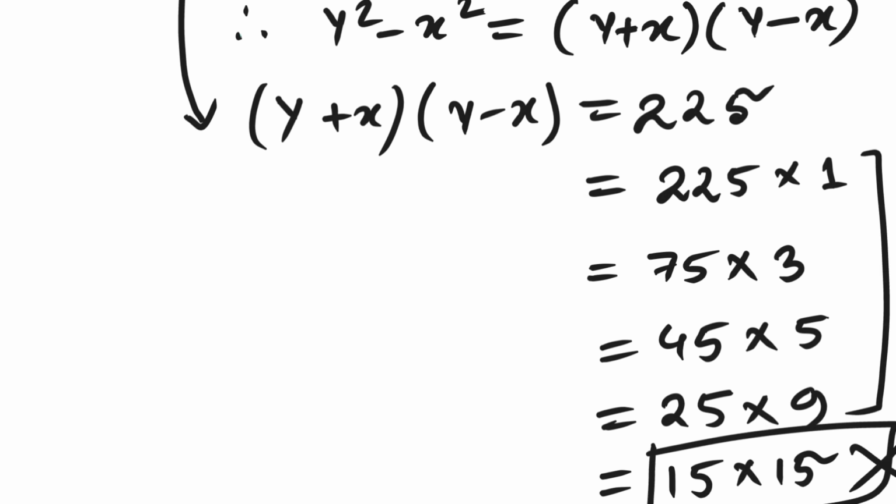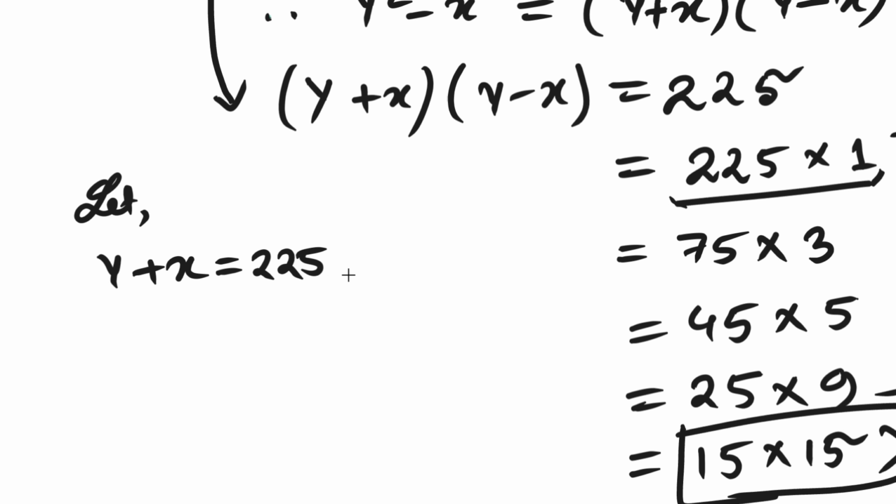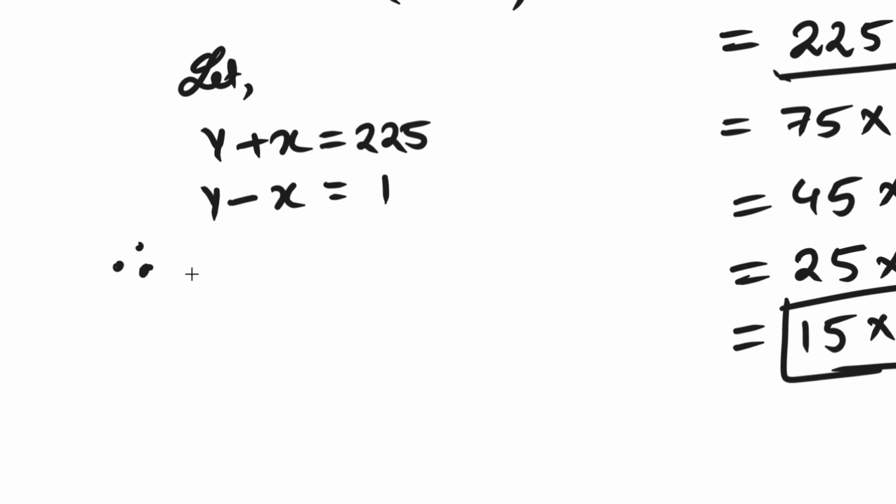Let's start with the largest factor pair, 225 and 1. Suppose y plus x equals 225 and y minus x equals 1. Now we want to find y and x. A very convenient thing to do is add these two equations together. On the left, we have y plus y minus x.